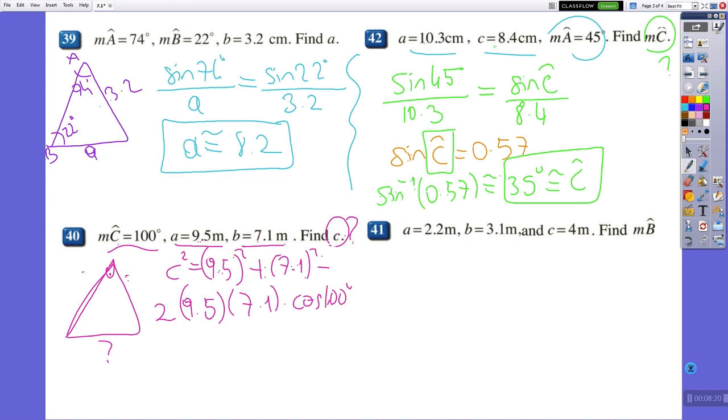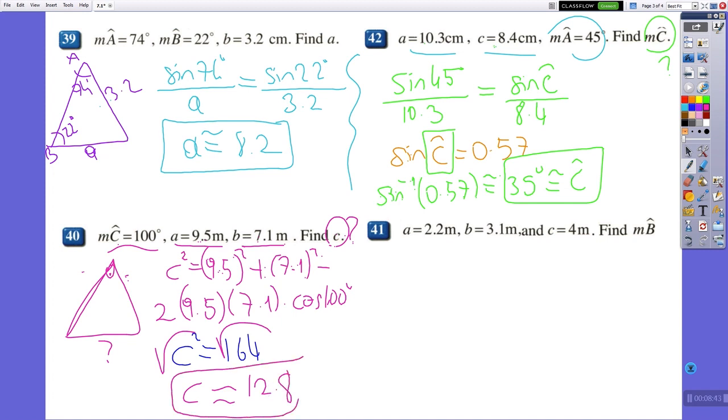So let's find the result by calculator. C squared will be 164. You need to take the square root of both sides to isolate C. So C will be approximately 12.8. That's it.